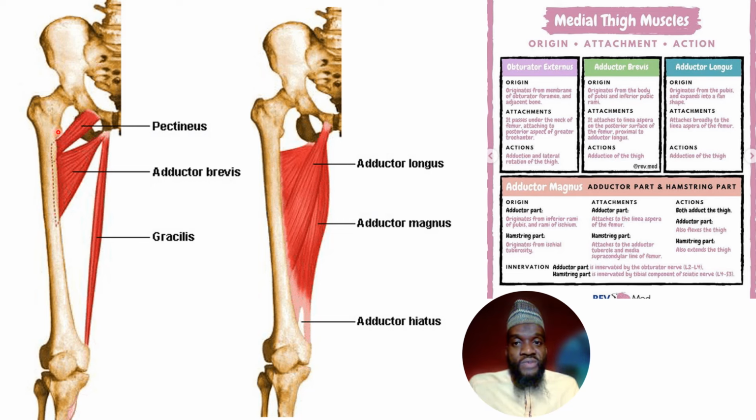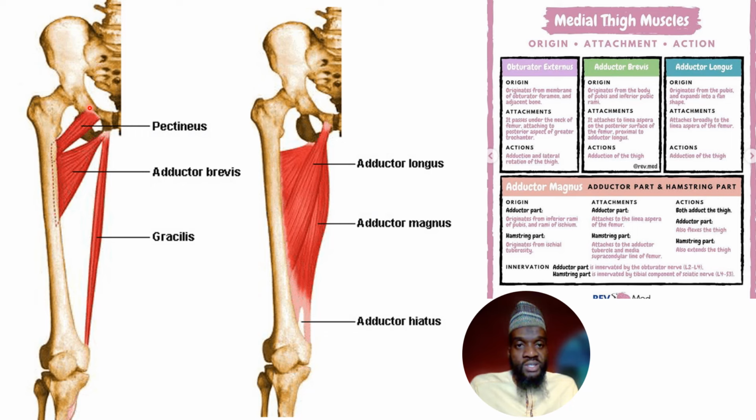So this is why you find it sometimes excluded from the tables listing medial thigh muscles, because it can be classified into multiple functional categories, even though it's located in the medial compartment of the thigh. It can be categorized as a flexor in some lists that are focused solely on adduction.